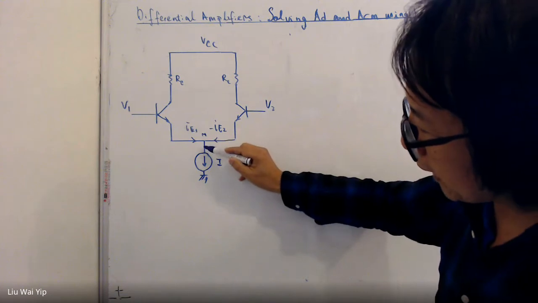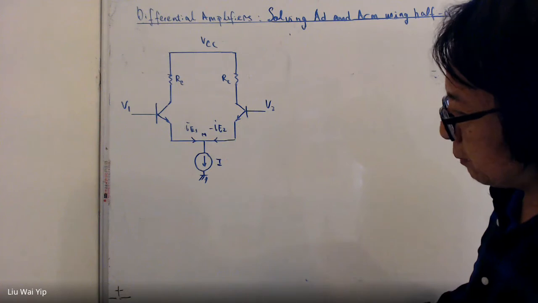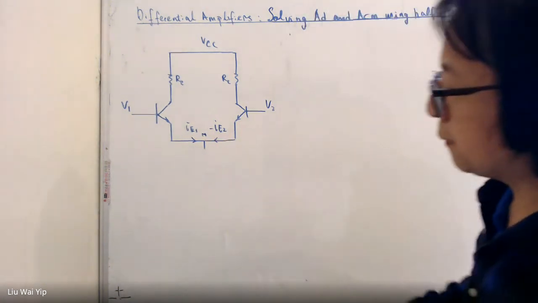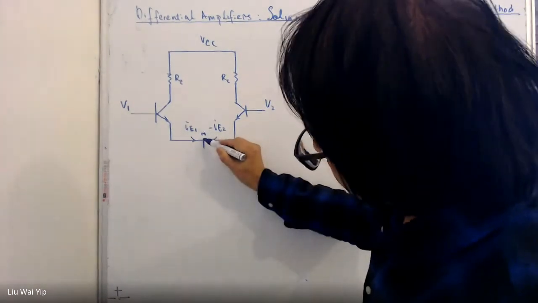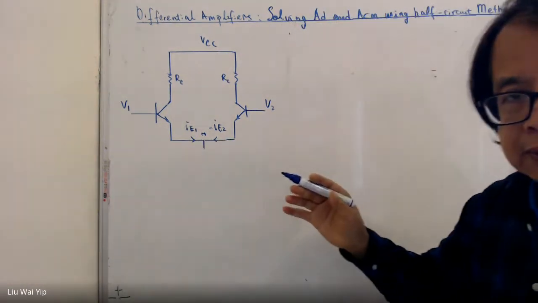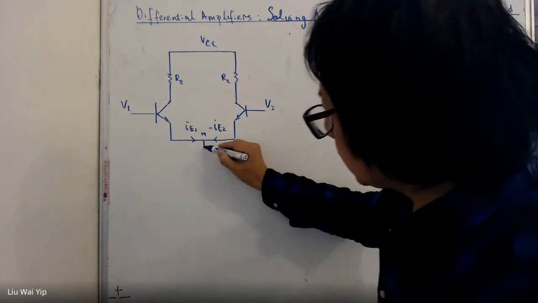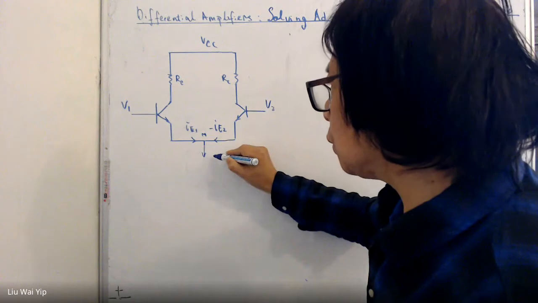And with this in mind, this current source can be assumed as an open circuit. And the middle point here has a fixed voltage. The voltage there is forever fixed. And we can assume this point as the so-called virtual ground.